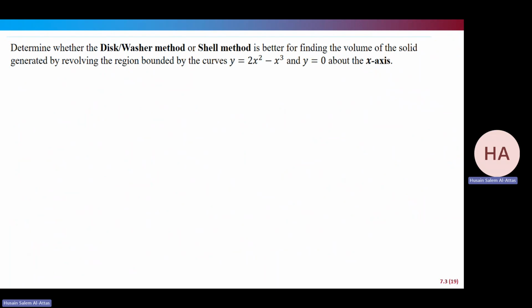Determine whether the disk washer method or shell method is better for finding the volume of the solid generated by revolving this region. What I will do, first I need to grab the function. We did it before, it's okay. Now this is the 0. If I take x squared, I have 2 minus x.